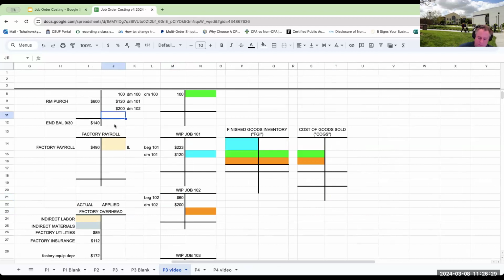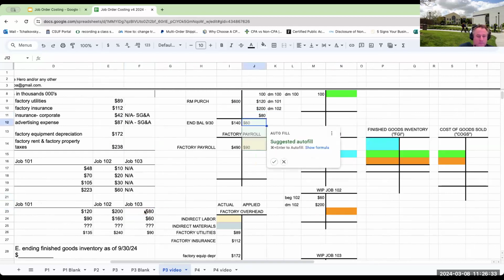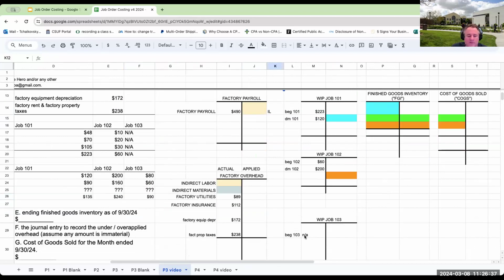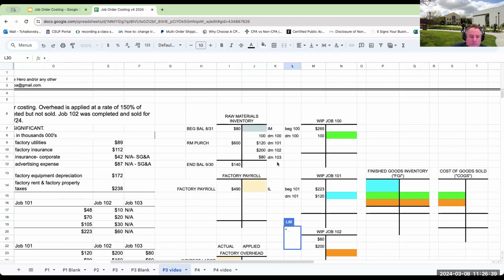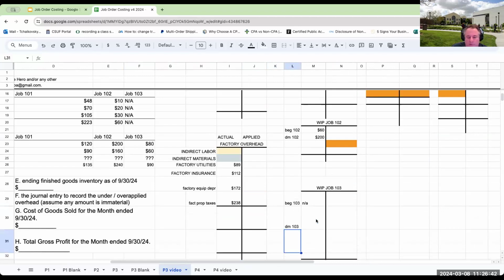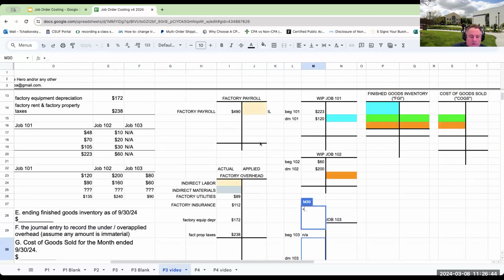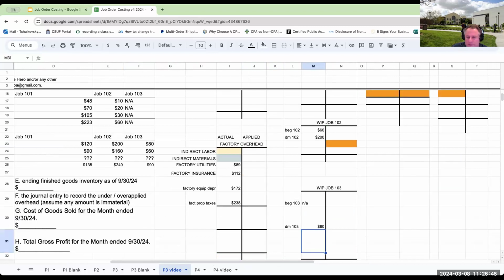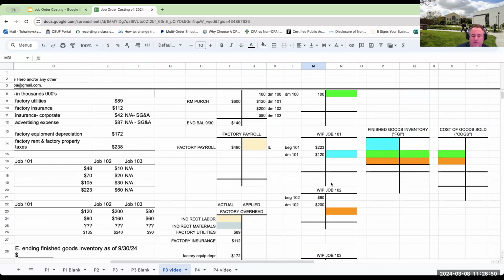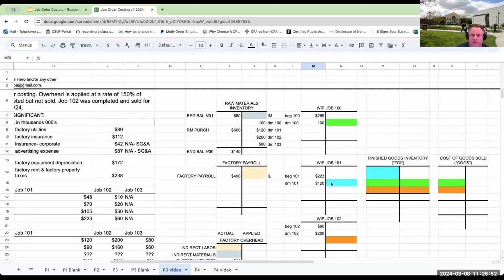So over here, 80 for job 103, and this is going to be coming over here, direct materials for job 103. This is going to be at 80. Okay, so we've now dealt with the direct materials.